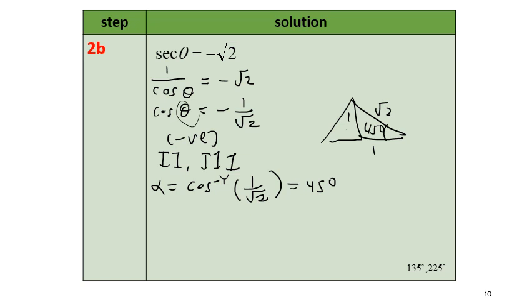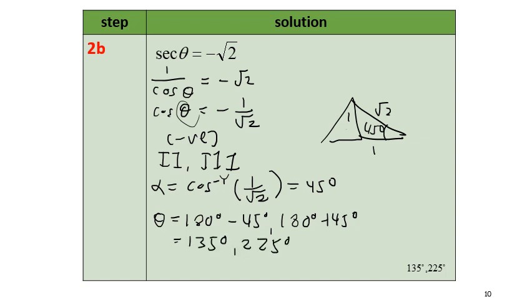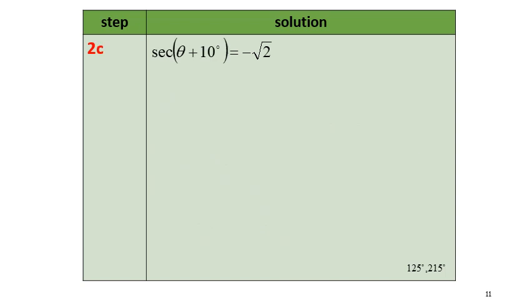Since the angle is in the second and third quadrant, theta will be 180 minus 45, and the other one is 180 plus 45. So we got the answer 135 and also 225 degrees.